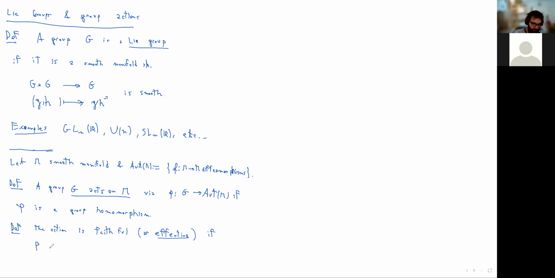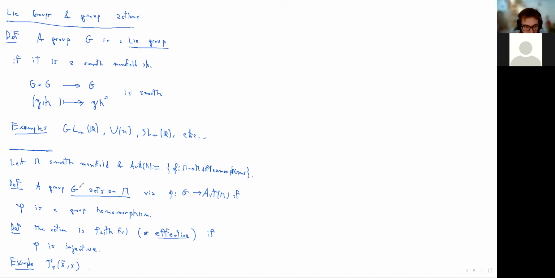If phi is injective. Yeah, so the only group element which fixes all the points is the identity of the group itself. And our first example here, we already saw it, is of course the deck transformation group of a covering.